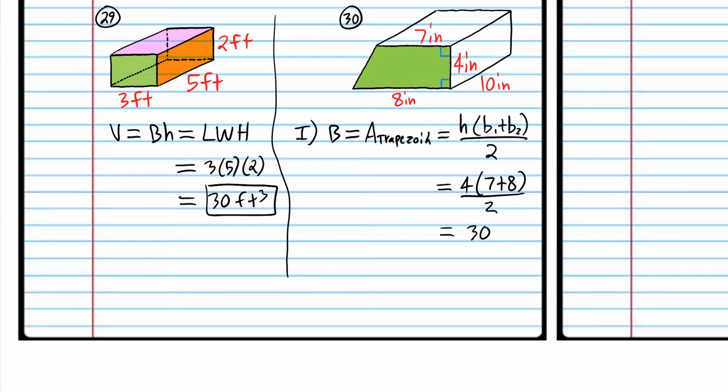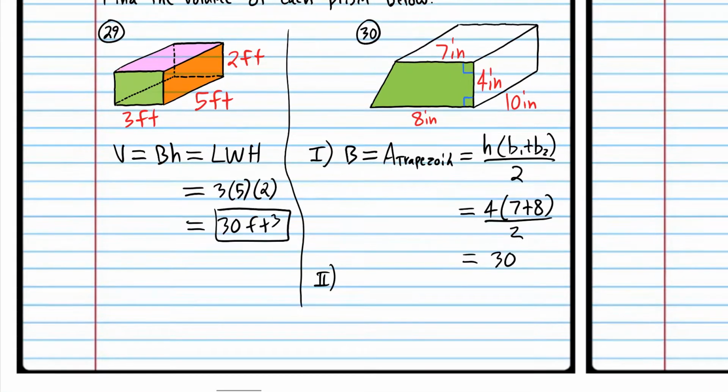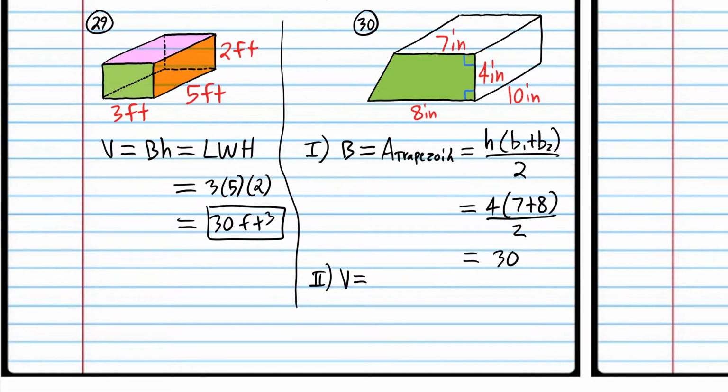So now, step 2, we're actually going to find the volume of the entire thing. So that's base area times height. The base area is 30, we just found. Multiply that by the height. Now the height would be 10. That's this length here. Now again, it doesn't look like that's going to be the height, because we're making the base the sides.